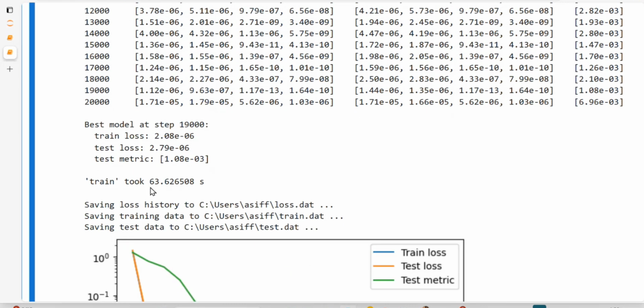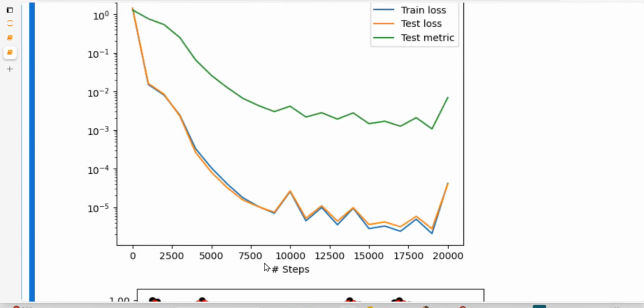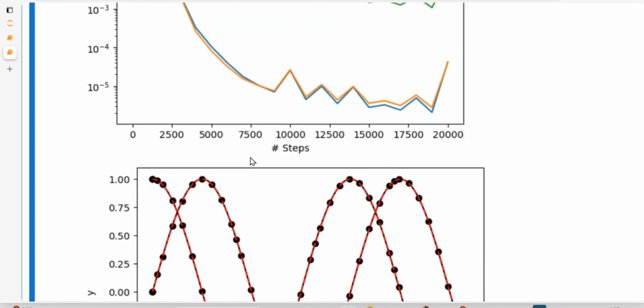And the training took almost 63 seconds, which means a bit more than 1 minute. So you can see on the x-axis, it is the number of steps, and on the y-axis, we have the error. The train loss is lower. The test loss is also in orange color, which is also lower. And the test metric is a bit higher, 10 raised to power minus 2. That is a relative error.